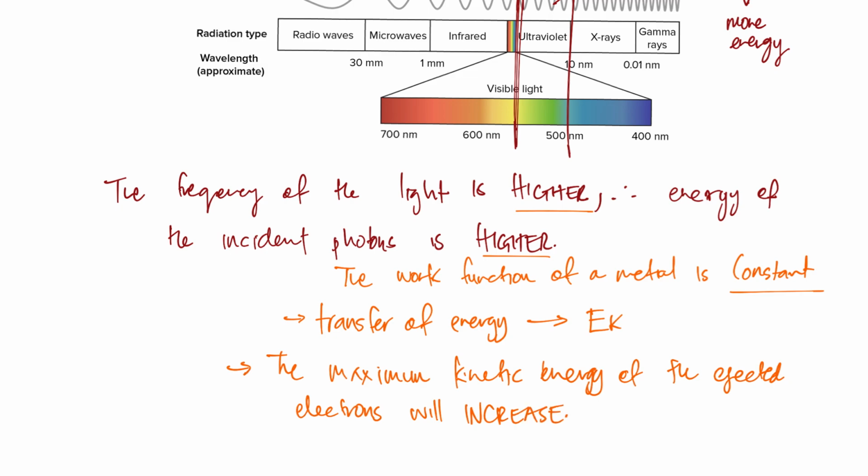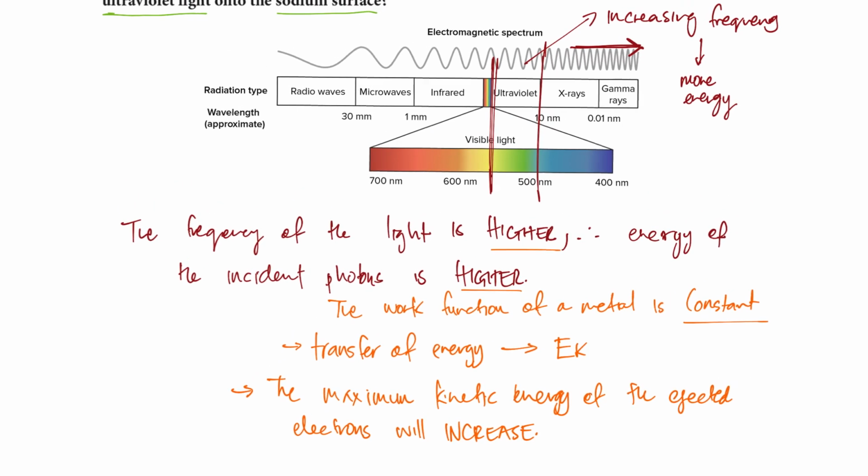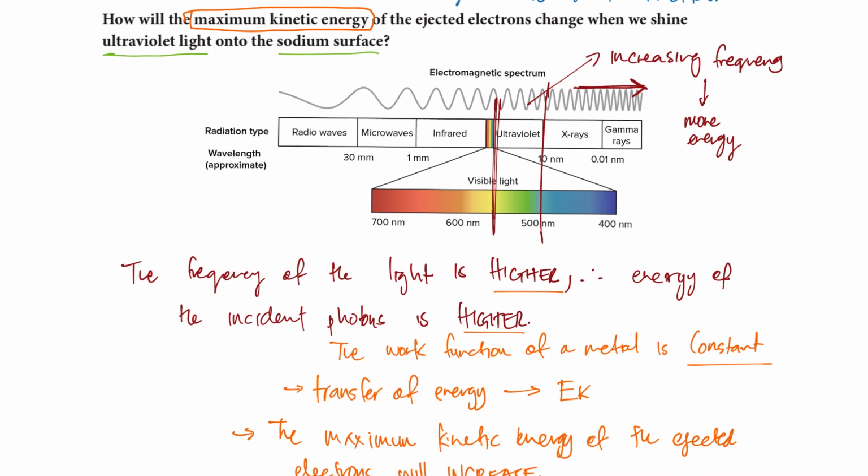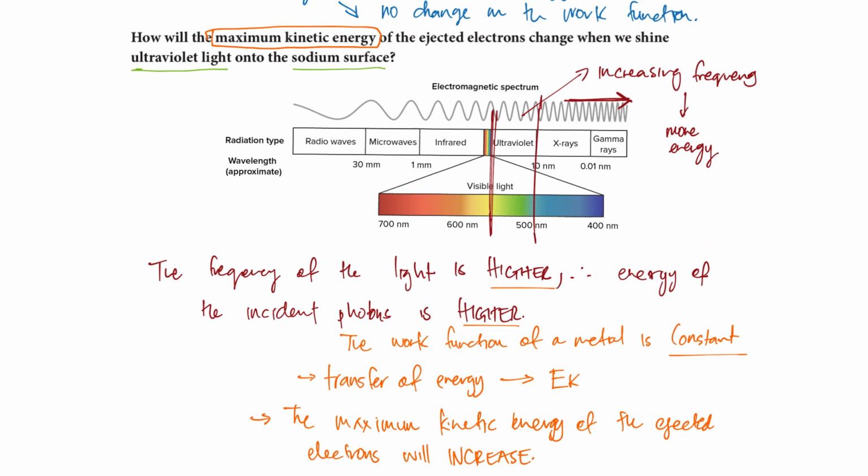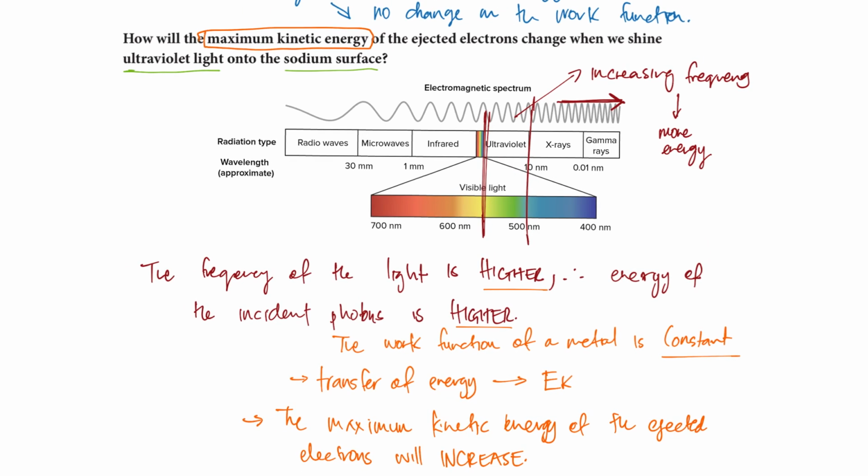So this is how they're going to ask you these types of questions. You need to make sure that you understand relationships, and you understand that if I change this one thing, it's going to affect the system like this. If I change another thing, it's going to affect the system like this. And it all comes down to theory. If you don't know your theory, you're going to struggle to answer these types of questions.